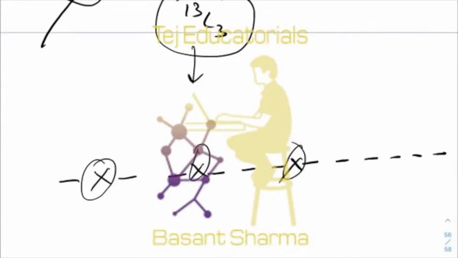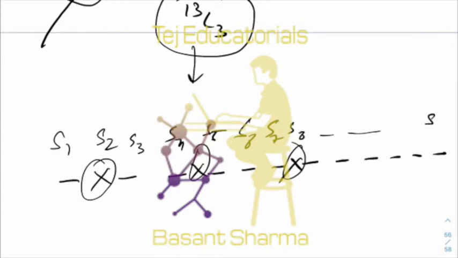Once you have made a selection, ordering can be done only in one way. So once you have selected the gaps, just label the stations now. This is S1, this is S2, S3, S4, S5, S6, S7, S8 till S15, and here is your A, and in the end is your B. Ordering is irrelevant, only selection is important.